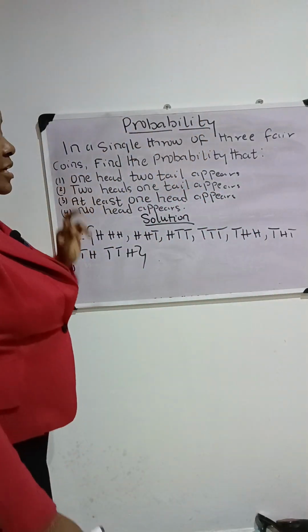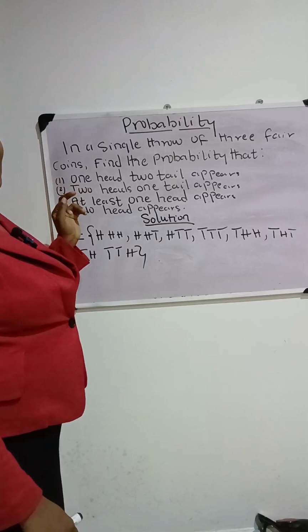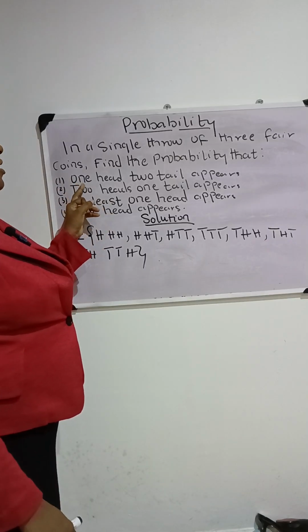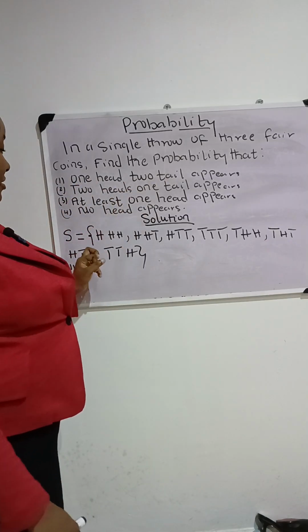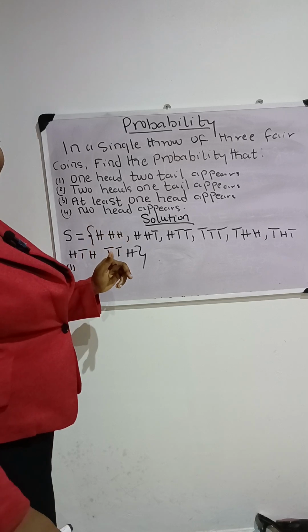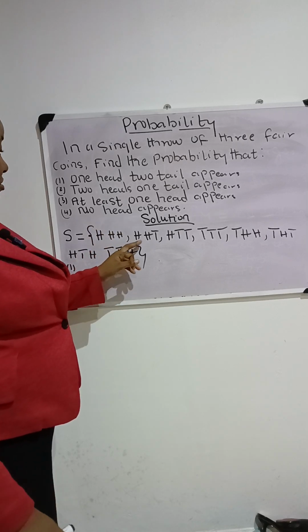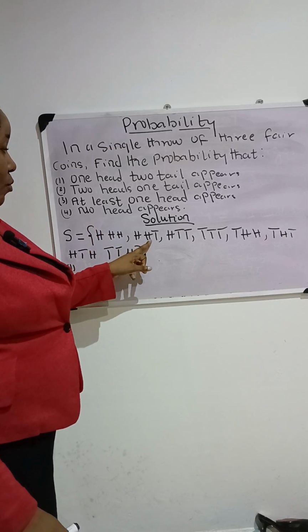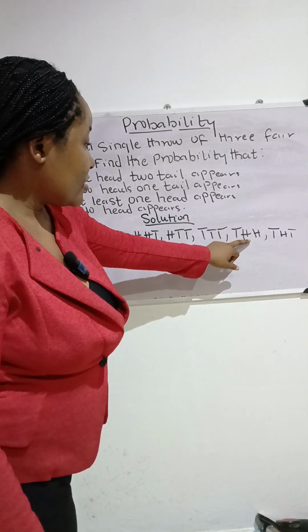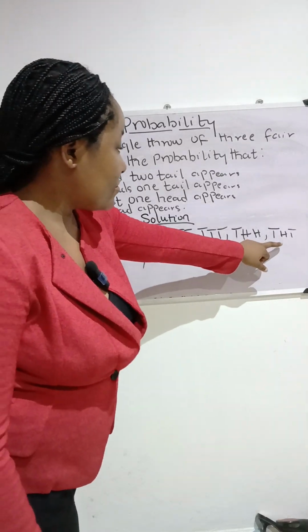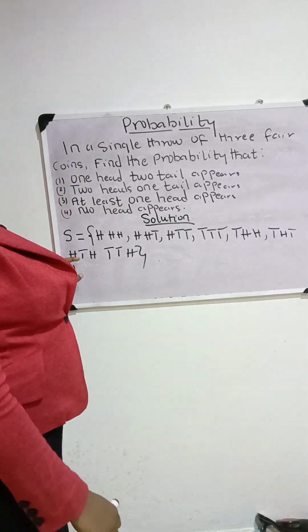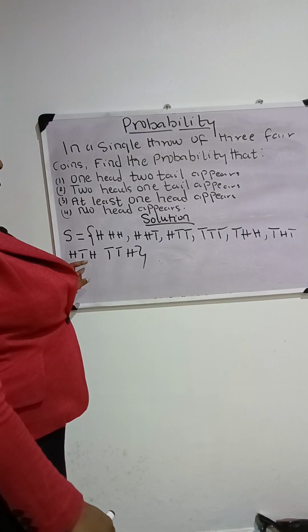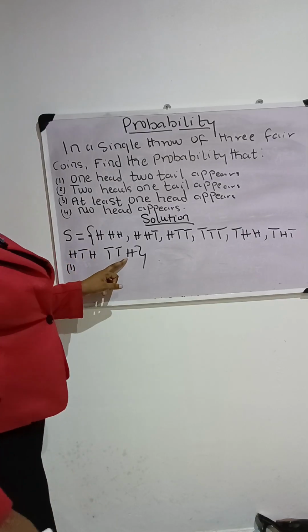So number one here has to do with an event, and the event is concerned with one head, two tail. So where do we have one head and two tail? We have here one, we have here two, one head, two tail, three.